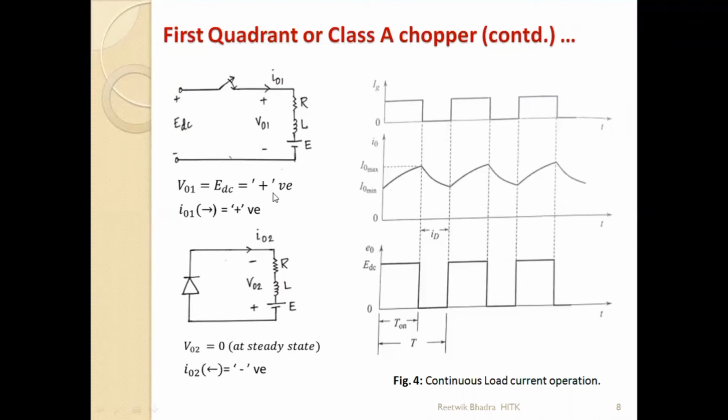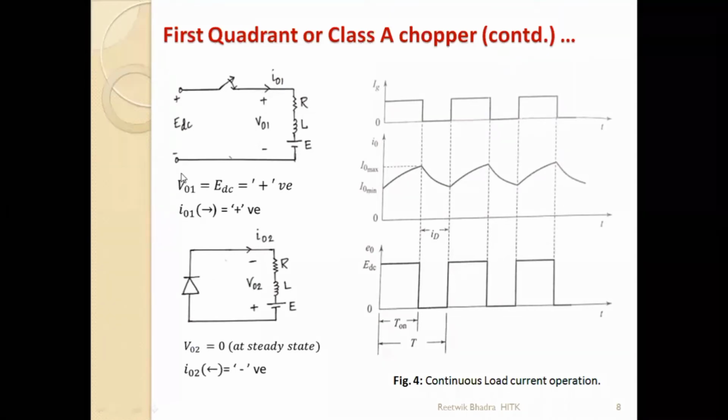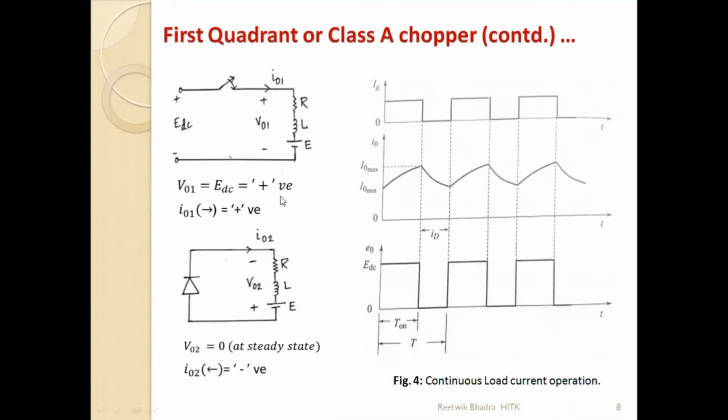Now we'll plot this. Before that, I'll draw the quadrant. This, as a total, represents the whole operation of the circuit, so I should take V01 and V02. V01 is positive, V02 is 0. If I take the average value, I'll get a positive value only. So the output voltage of this converter is positive.